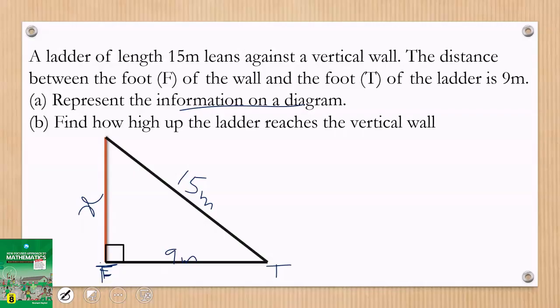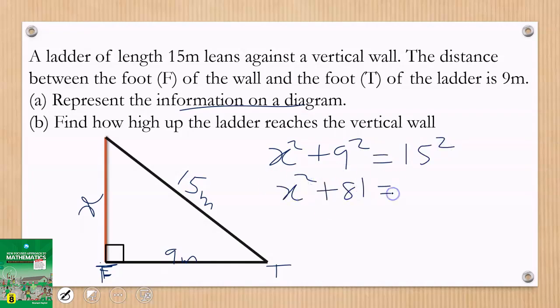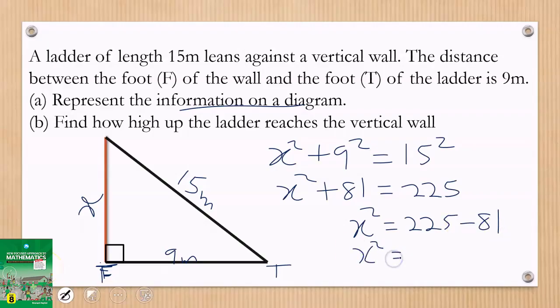Now, the second part. How do you make X the subject? Of course, we use Pythagoras theorem since the whole diagram creates a right angle triangle. So we know that X squared plus 9 squared should be equal to 15 squared. 9 squared is 81, and 15 squared is 225. Now X squared will be equal to 225 minus 81, which will give us 144.